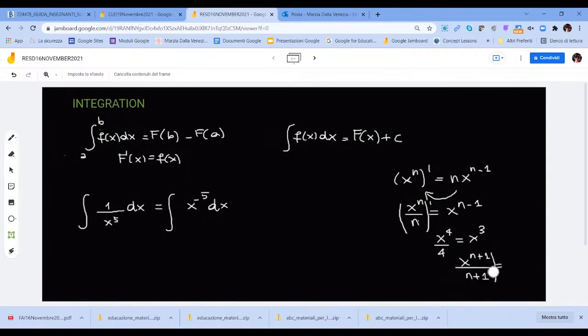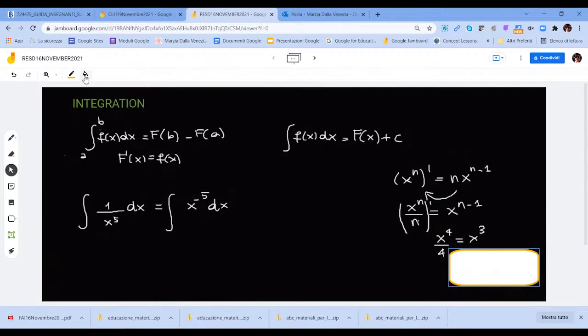So this elementary rule is to raise the power by 1 and to divide by the same number. This is the rule that you know.